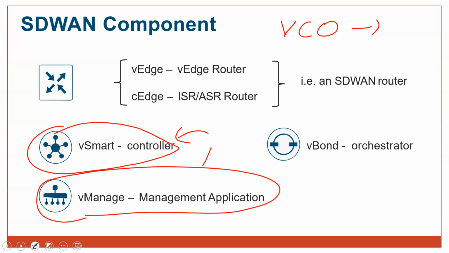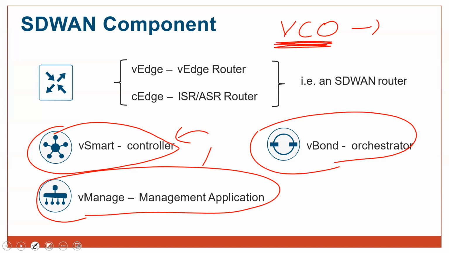You have one controller here, but in Viptela you have three different controllers: vSmart, vBond, and vManage. Here you will see only one controller, like a collapsed controller. Sanjay, we have only one controller, right? Yes, it works as a control plane as well as the management plane. Both are in the same.